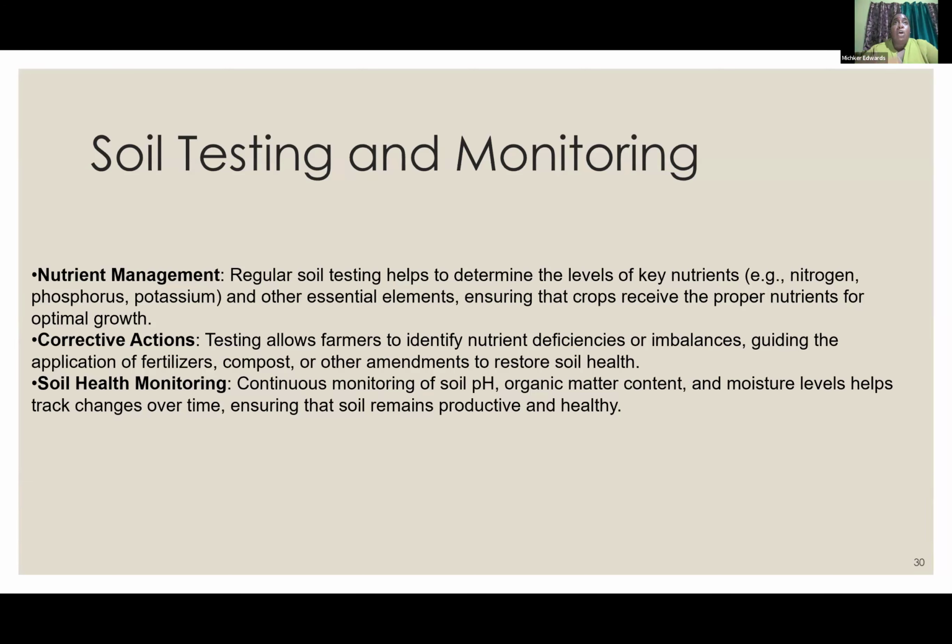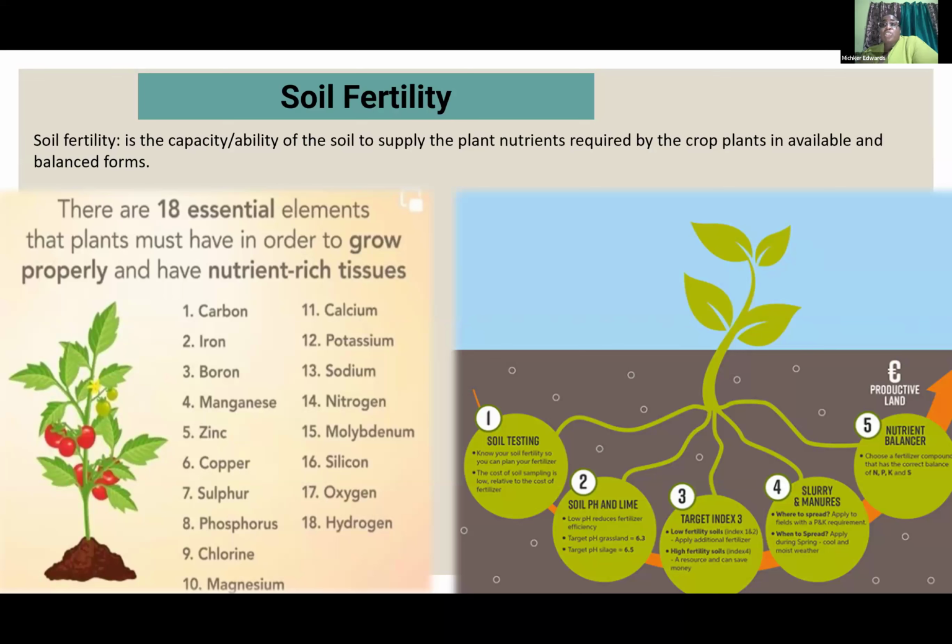So yeah, there are 18 essential nutrients that are needed for plants to grow. We know the main three, which are N, P and K, and that's what you find on every sack of fertilizer, that ratio of N, P and K. But when you look at things like biostimulants and so on, you would see they have things like micronutrients.